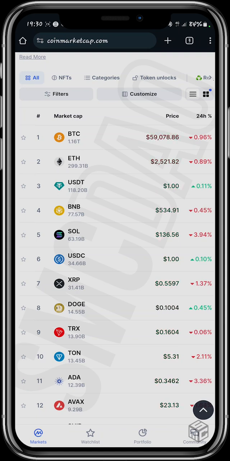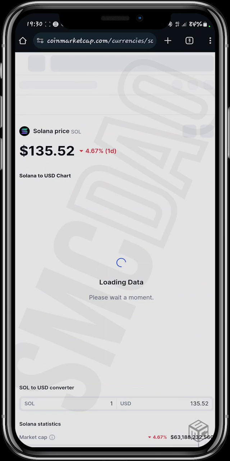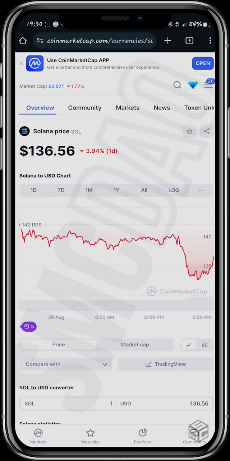So let's pick Solana as a case study. Just click on Solana, and let's wait for the data to load. Here we are. You want to go over to market. Look at the topmost part of the screen. You see something like overview, community, market, news, token unlocks, and the likes.